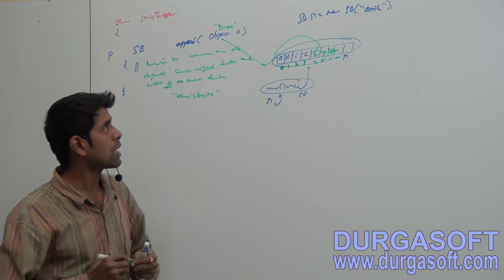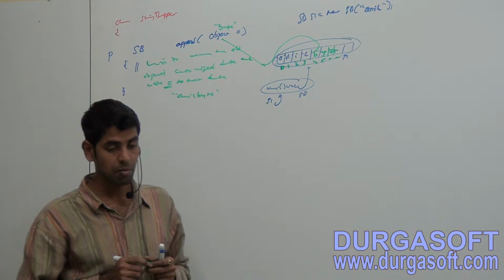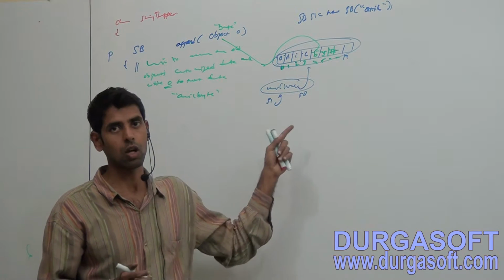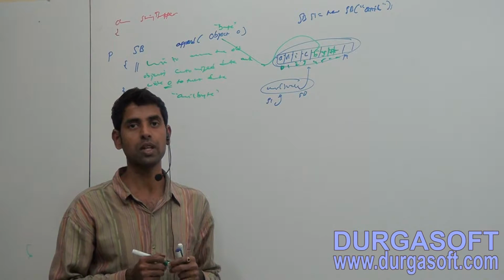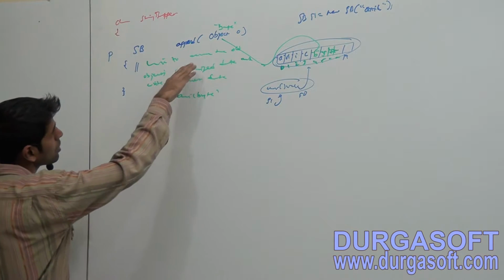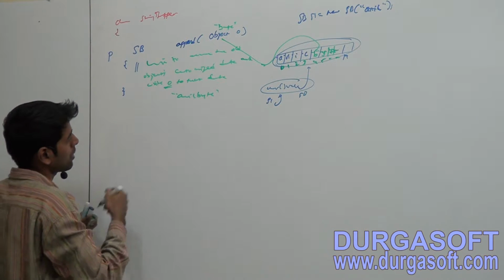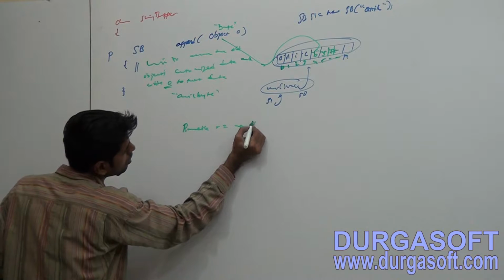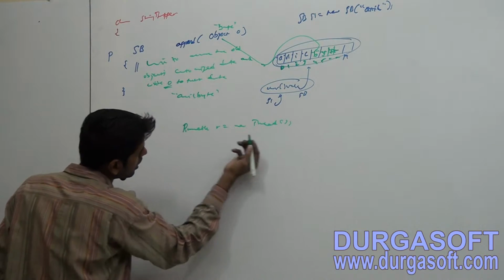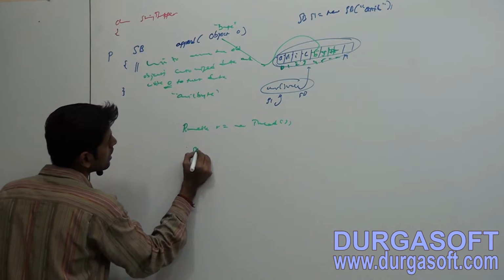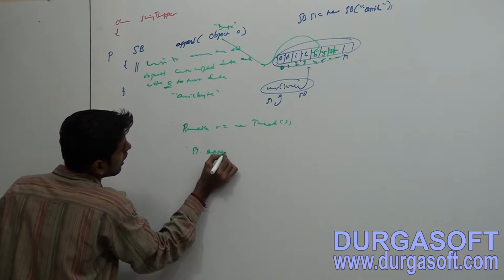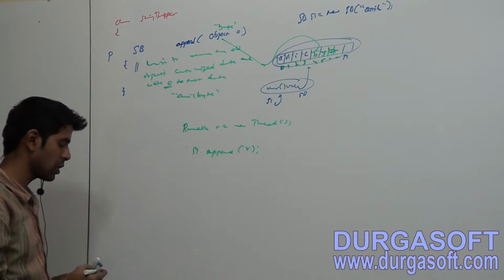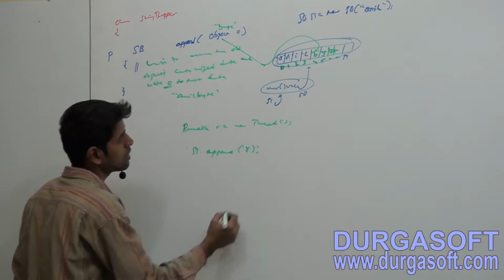Some of you guys are having doubt: can I pass a Runnable interface class object? Mister, you are telling you can pass anything as an argument. If I create Runnable r equals new Thread, and let it be s1.append of r, what happens?